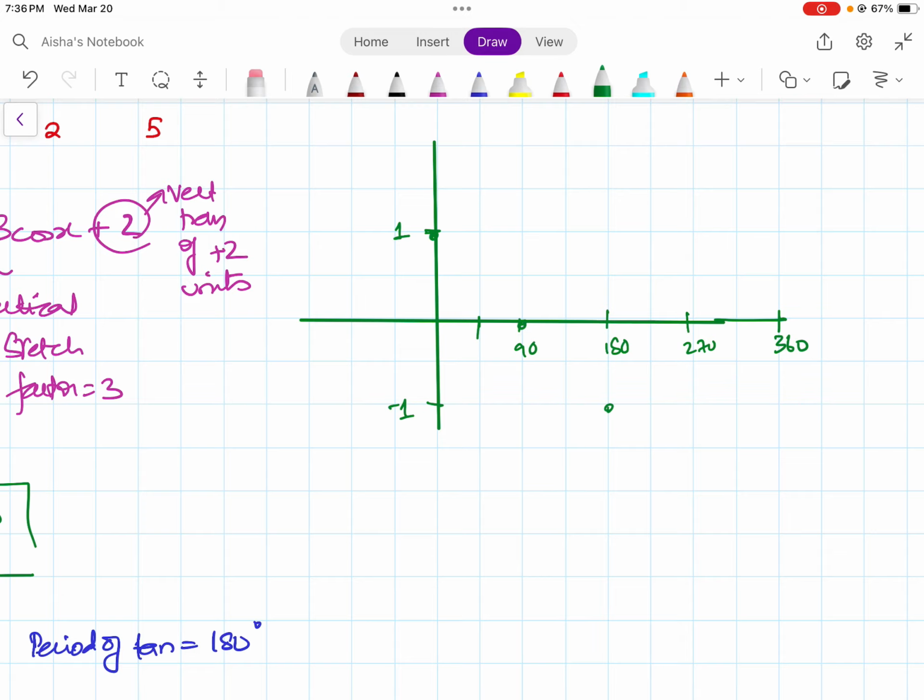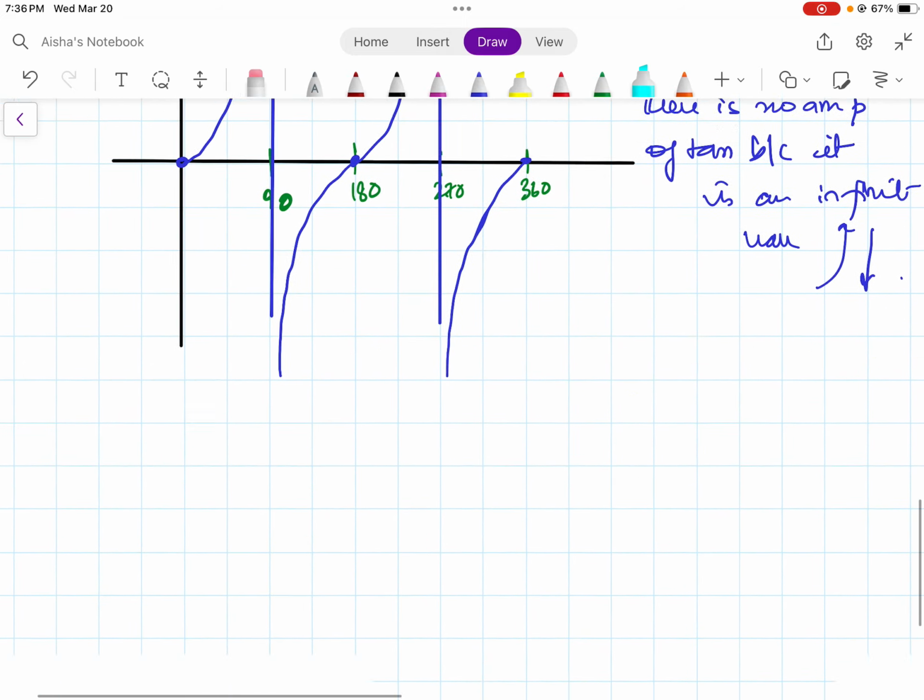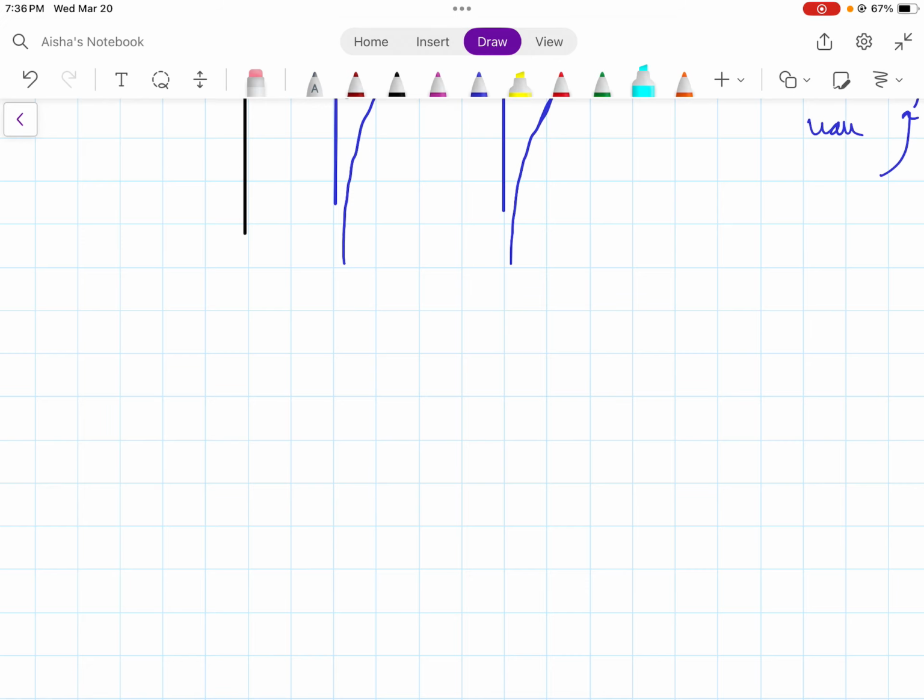One, 0, -1, 0 and 1. So this is my basic cos graph. If you look at it, first quadrant positive, second quadrant negative, third quadrant negative, and fourth is positive. So the signs that you studied in trigonometry are coming from the graphs. The graphs are also proof of it.